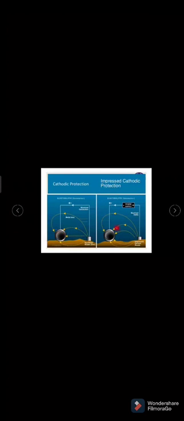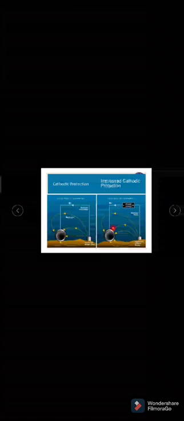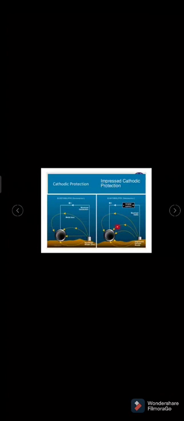Similarly, when we take the other metallic structure in seawater, the seawater also acts as an electrolyte. When it is involved in corrosion, it releases electrons. When we supply electrons from the opposite side to the metallic structure, it is protected from corrosion.